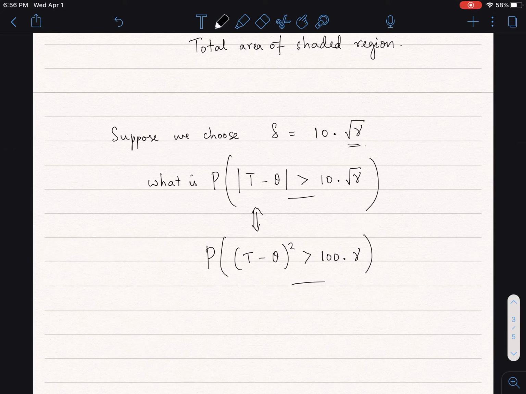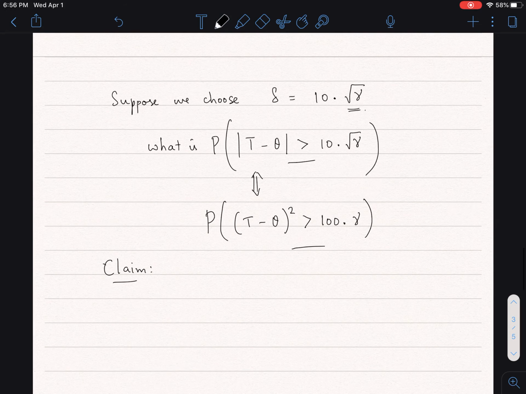I'd like to claim that this probability cannot be too high. It cannot be more than actually 1 by 100.